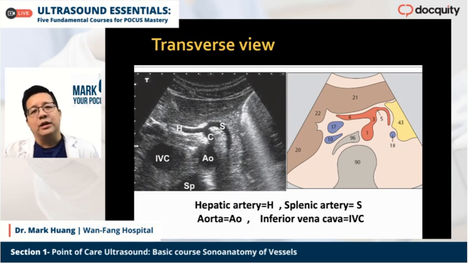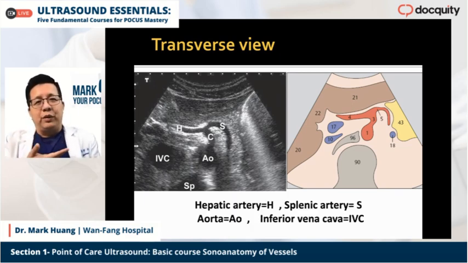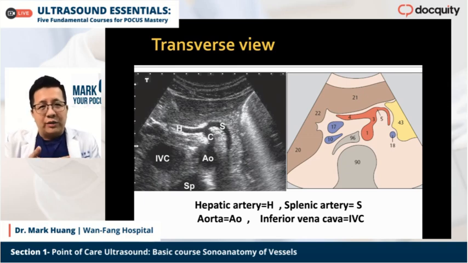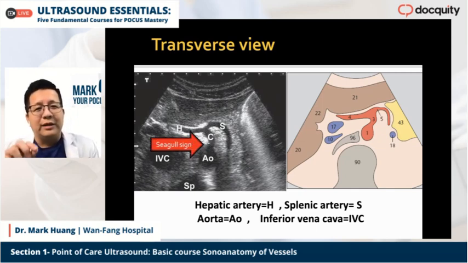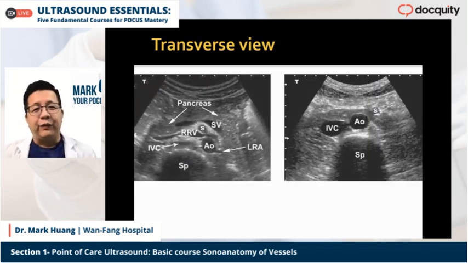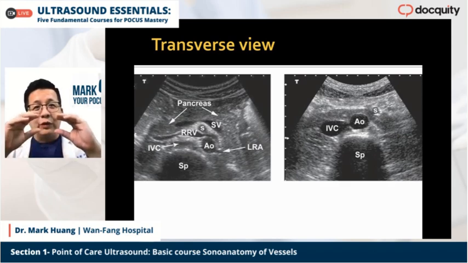So please put your probe on the epigastric area and slide down, and slowly you can find the first division. If you can see the hepatic artery, celiac trunk, and the splenic artery together, we call it the seagull sign.